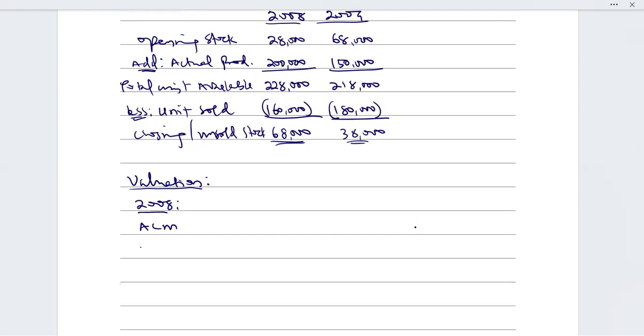I will also have variable costing method. So under absorption costing method, you are going to multiply the units with the total cost per unit. So in 2008, closing stock in units is 68,000 units. Then you multiply with total cost per unit of 730 kobo. So what do you get?